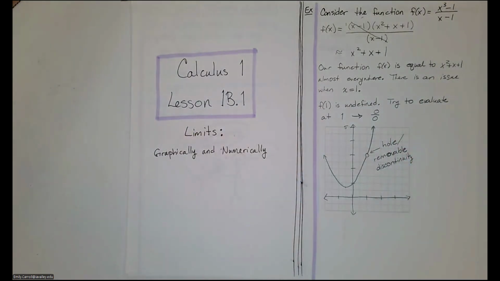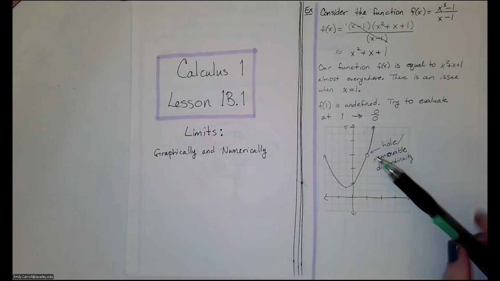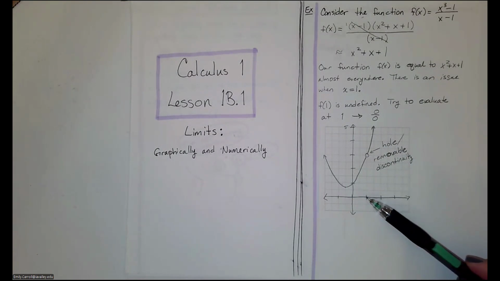It resembles that quadratic almost everywhere. If I plotted that quadratic, it would look just like this, except for that little guy right there. Right here, when x equals 1, there's a hole, or a removable discontinuity, is what we can call that. So at that one little point that they disagree, at 1, there's a little hole.